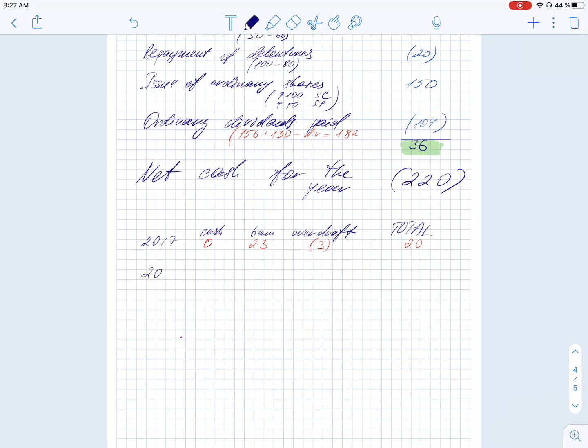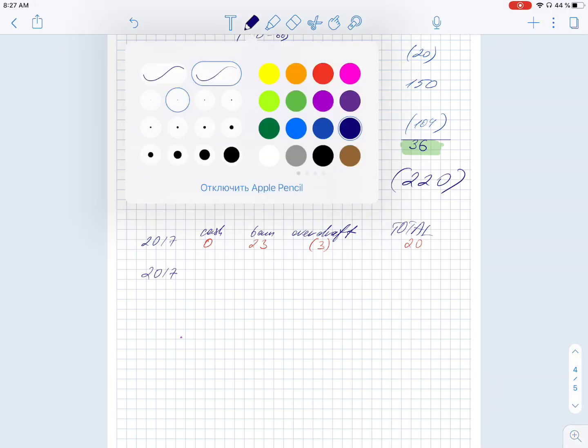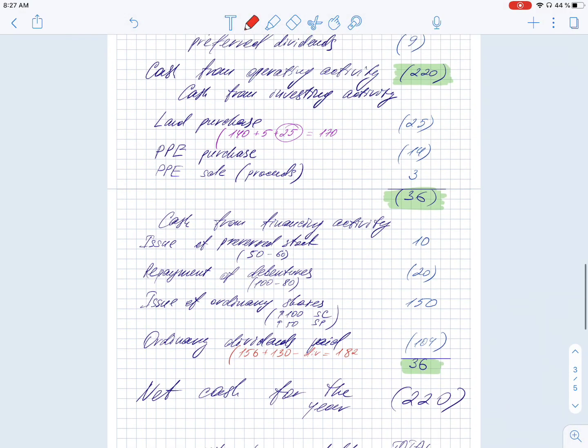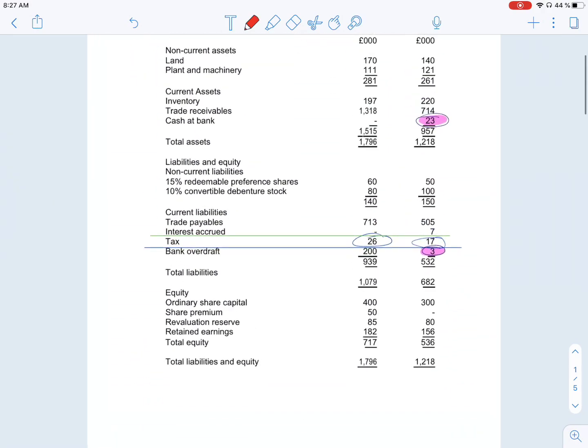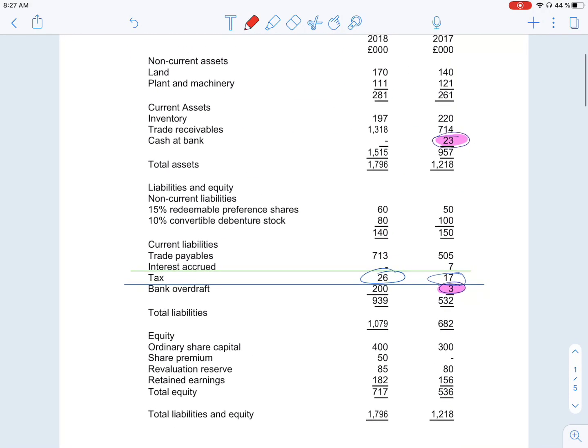2018, the same lines should be considered. No cash in the company, so it's 0. Cash in bank 0 also, and overdraft is 200. We can see it here, 200. I highlighted it with yellow. So 0 cash, 0 bank balance with a positive sign, but we have a bank balance with a negative sign, which is overdraft.